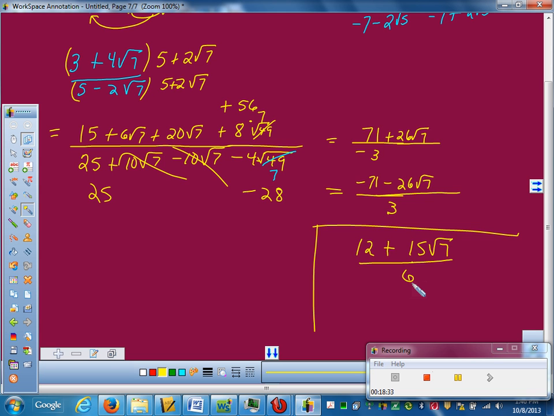Are they all reducible by the same number? Yeah. You would do reductions. You can take 3 out of all of them and take it down to 4 plus 5 times the square root of 7 over 2. Can I cancel 2 into 4? You can't cancel just one. If there's plus signs, you have to cancel into every single term. You can never do just one. If you have terms that are added and subtracted, you have to cancel into several.